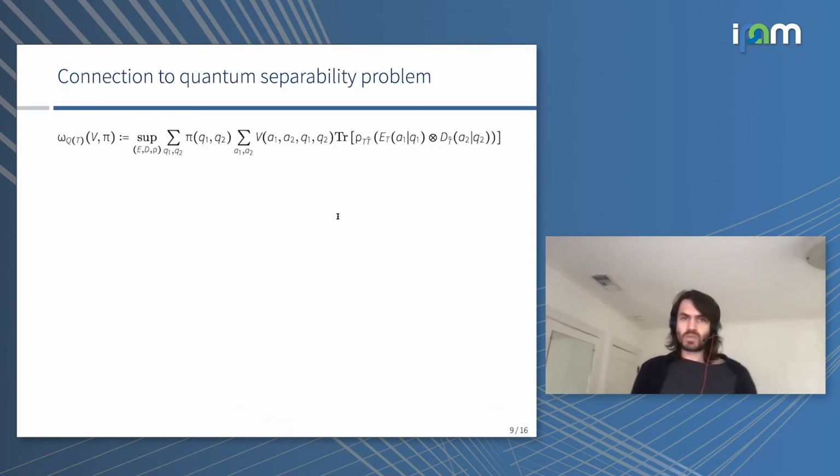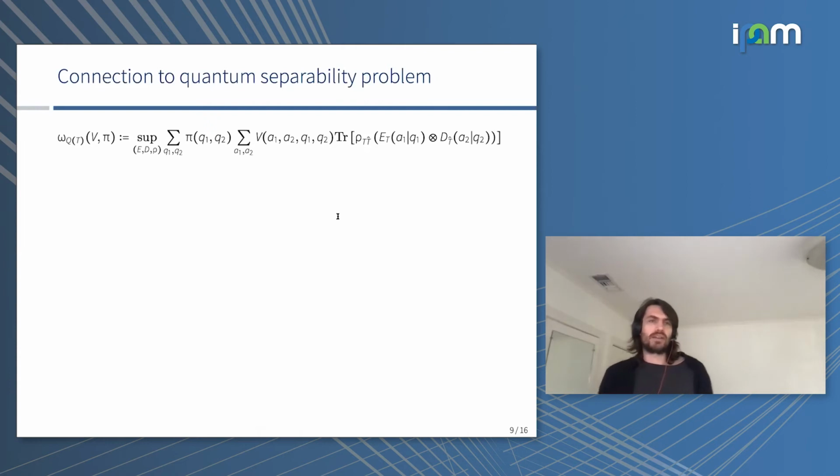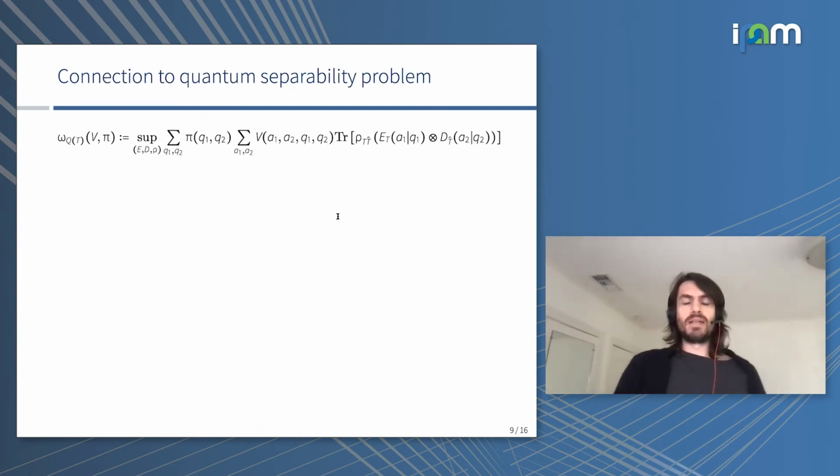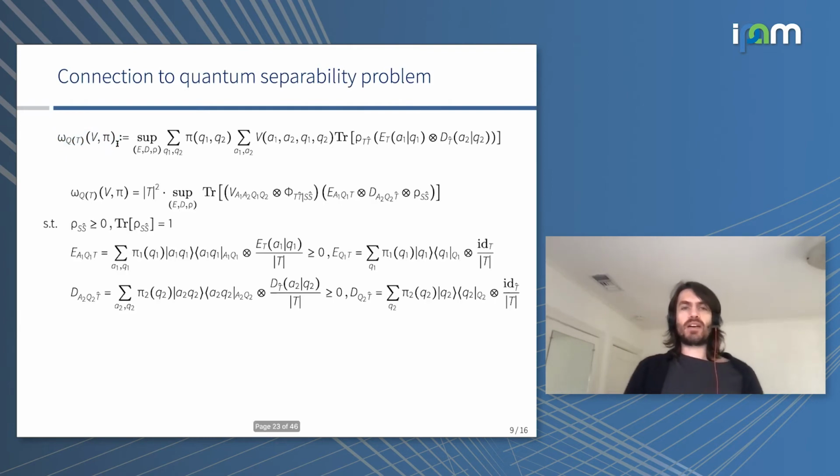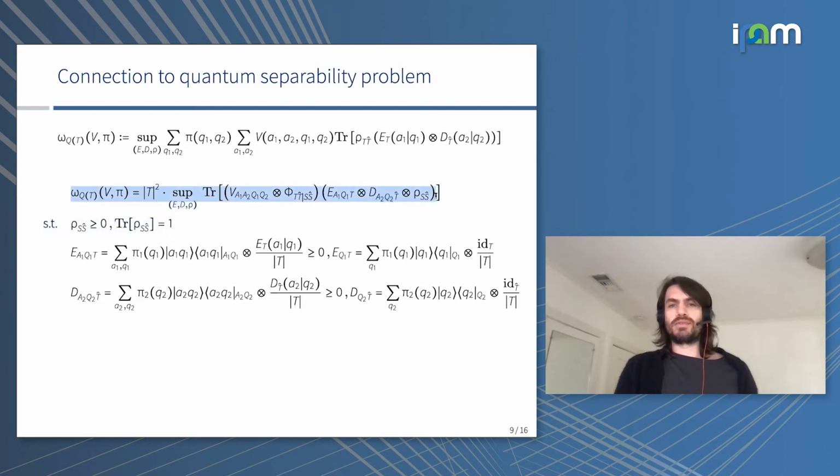The first step is to make a connection to a well-studied problem, the so-called quantum separability problem. Here I just wrote down again the objective function of this dimension constraint maximum winning probability. The first step in our proof is that we rewrite this. This is now again a whole optimization, but just look at the first line here. There's this prefactor, t square.